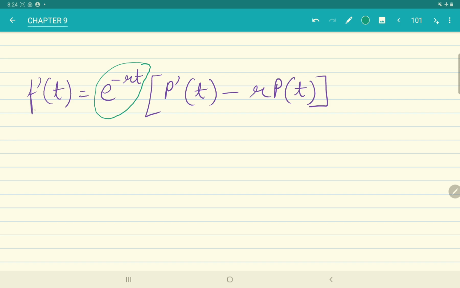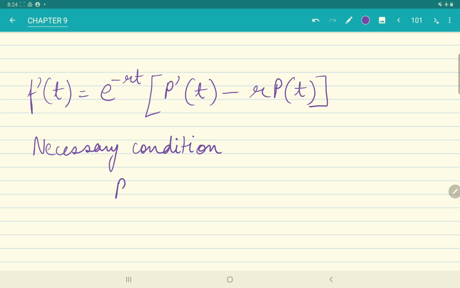What does that mean? If I have to equate this first derivative to 0, that just means I can then write the necessary condition. P prime T star is equal to R P of T star. That's the necessary condition.